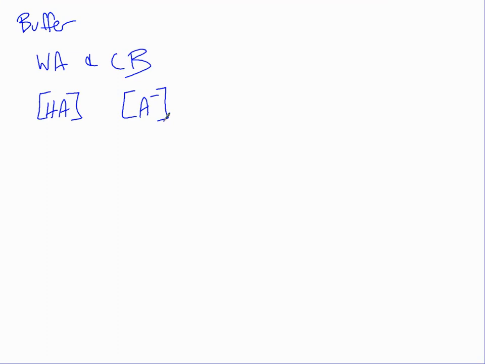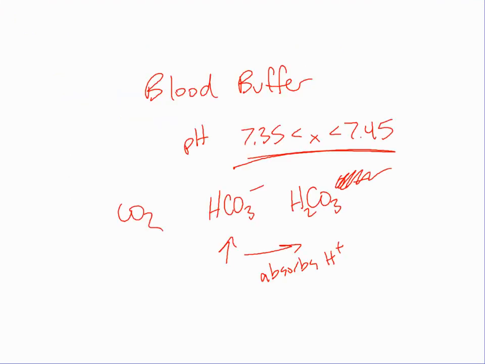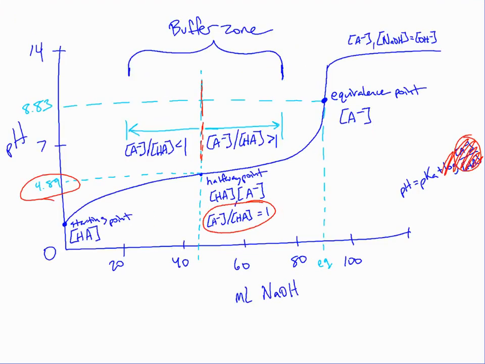So if you want the ideal buffer, and this is already written down for you, the best buffer is where the amount of acid and the amount of conjugate base are equal. And this happens at a specific point. We had it on the graph yesterday, here, the halfway point.